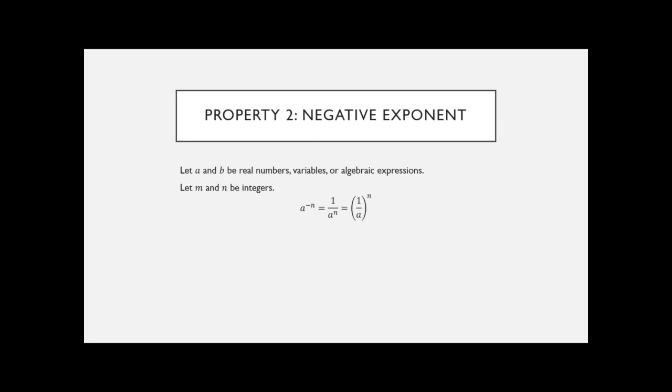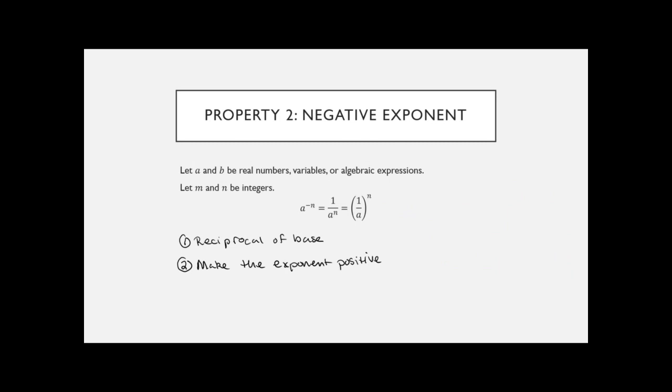So you basically take the reciprocal of the base, and then you are making the exponent positive. And that's essentially what it means to have a negative exponent. We can rewrite it by taking the reciprocal and then making the exponent positive.